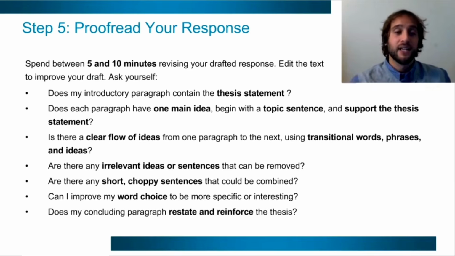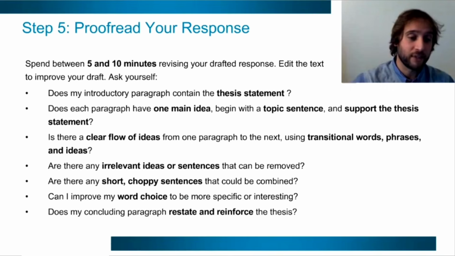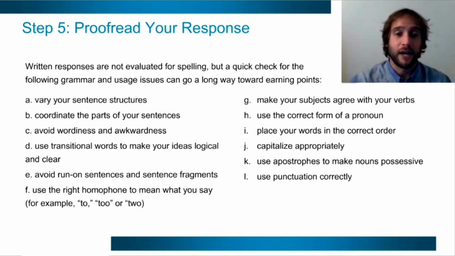Okay. Of course, you want to make sure your concluding paragraph accomplishes a couple things. For the most part, you want to make sure that you recapitulate your central idea, that you restate, that you reinforce your core thesis. Okay. So make sure that we accomplish that. All right. So what are some things that we can check for as we're doing step 5 to make sure that we're getting maximum points?